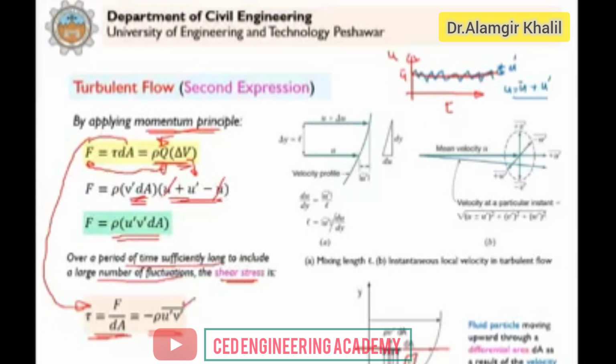That is why this bar appears. Clear? We are averaging this over a time sufficiently long to include all the fluctuations, because u dash and v dash are the fluctuations. In modern turbulence theory, this component is known as the Reynolds stress.